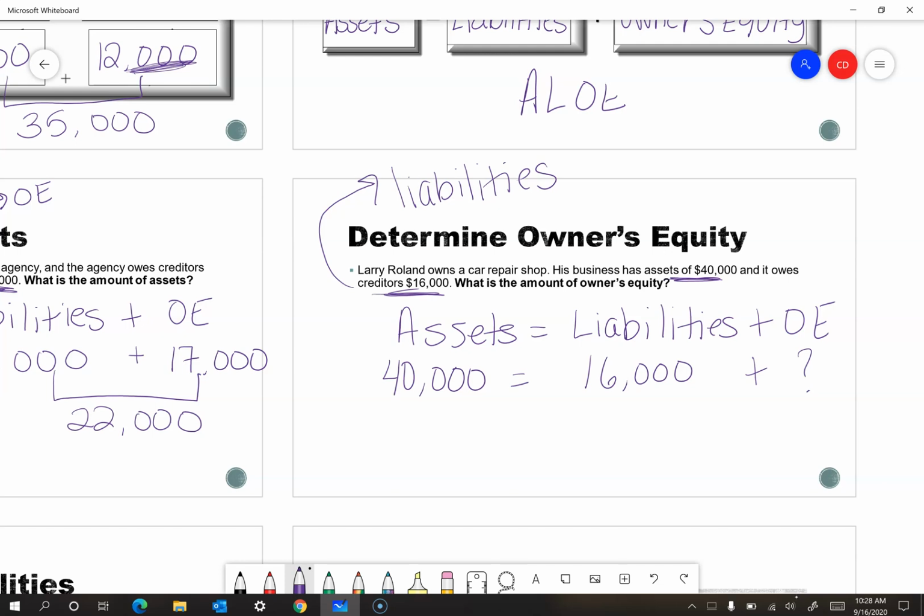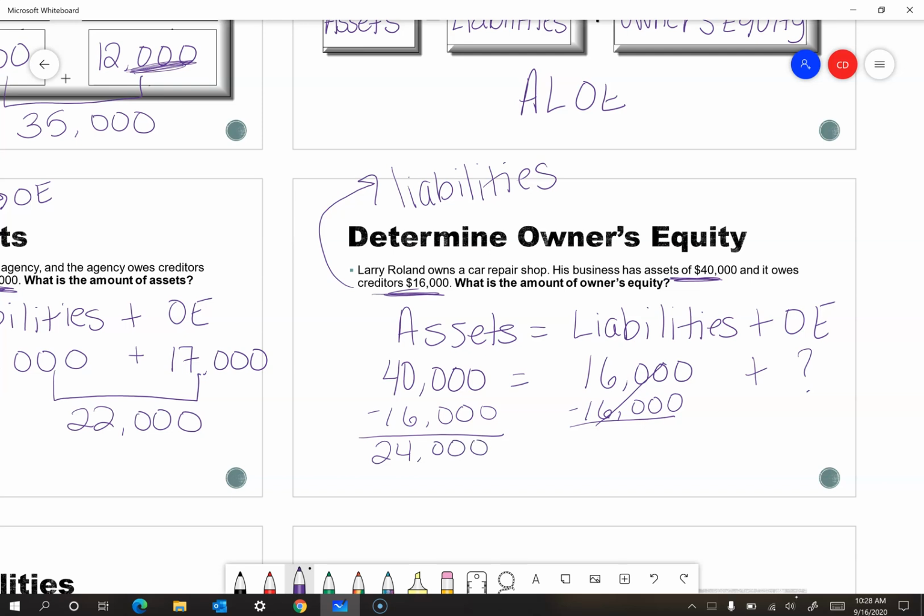All right, so for this one, you're going to have to do a little thinking of your basic algebra skills, right? So in order to figure out owner's equity, we have to isolate this. All right, so to get rid of this liabilities, we're going to subtract it out. And when we subtract it, we get $24,000, right?